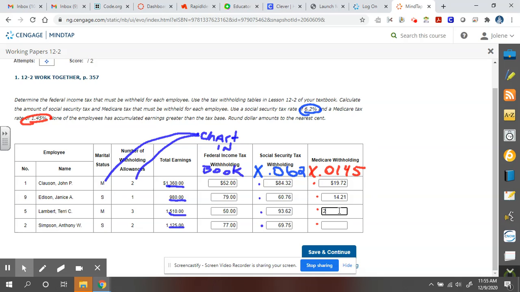She's paying $21.90. You have to round up. Remember, this is money we're talking about. And then Anthony made $1,125, and he has to pay $16.31.